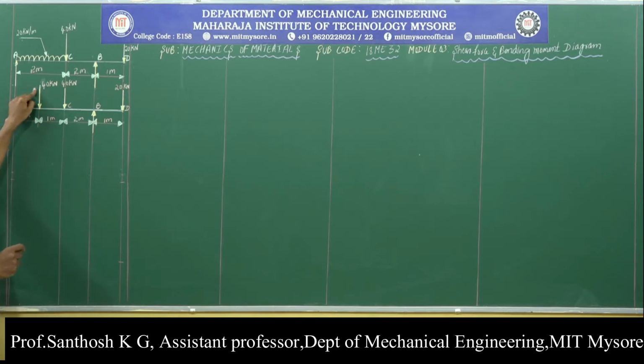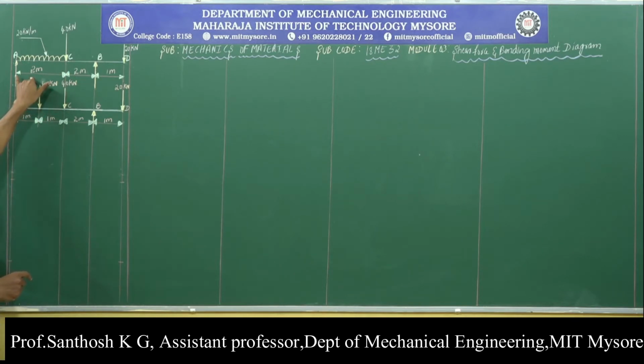Now, let us locate the position of this equivalent point load on the beam. To do so, we divide the portion AC into two equal parts.